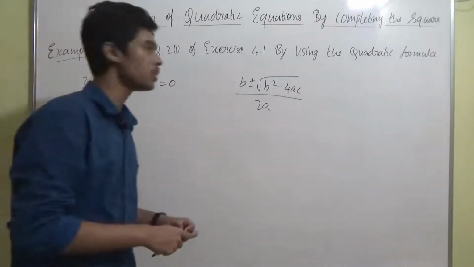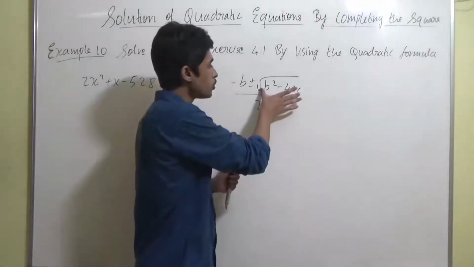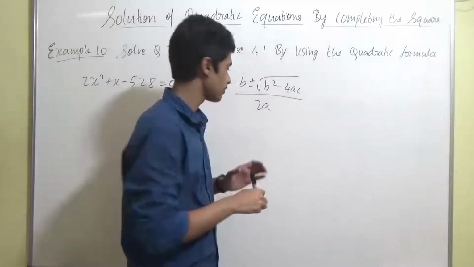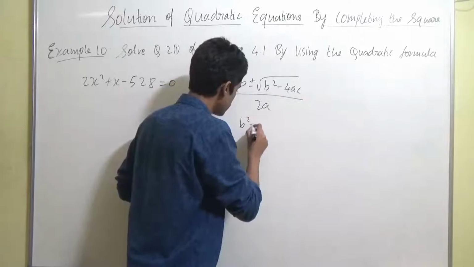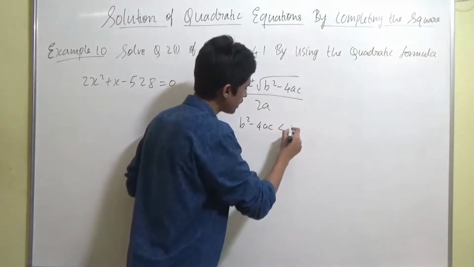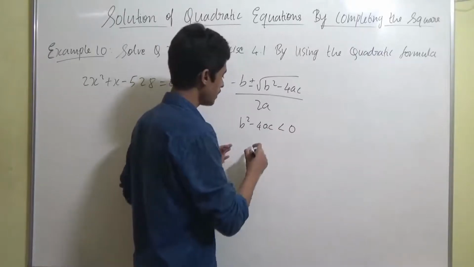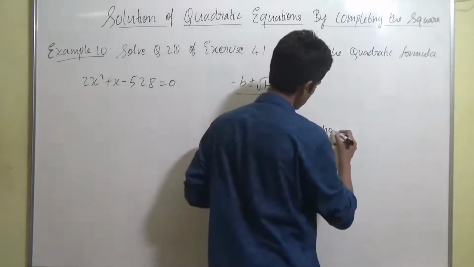And one more thing which I forgot to tell you guys: inside this root, b square minus 4ac, when you get a negative quantity, that is, less than 0, that time you will say no real roots.